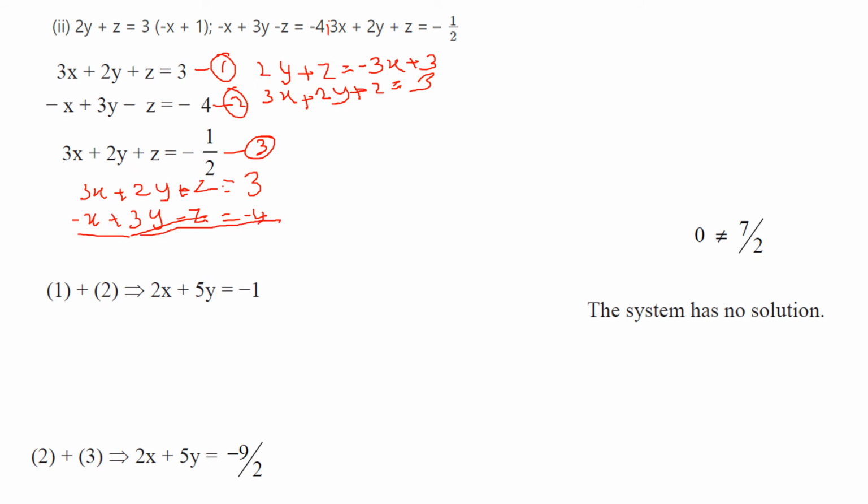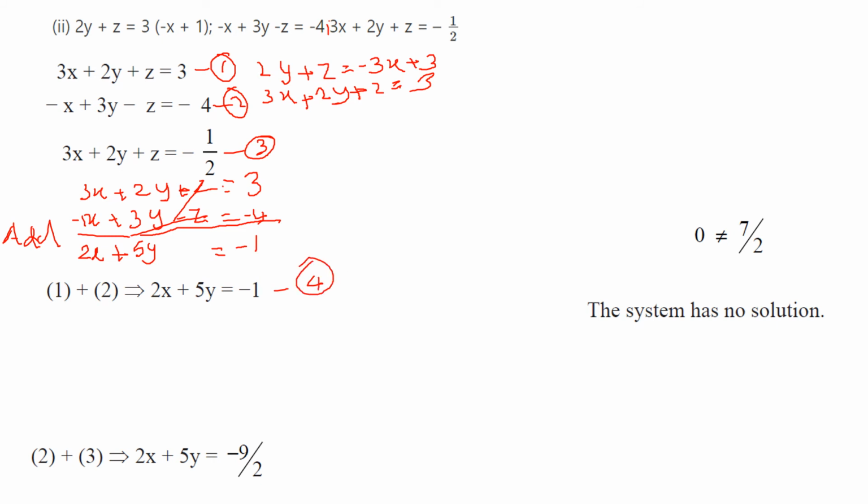Add 1 and 2. x coefficient, 3x minus 1x, 2x; 2y plus 3y, 5y; plus z minus z, unlike sign, cancel. 0 equal to 3 minus 4, means one plus, one minus, subtract. 4 minus 3, 1, greater number sign minus. So that is the fourth equation.